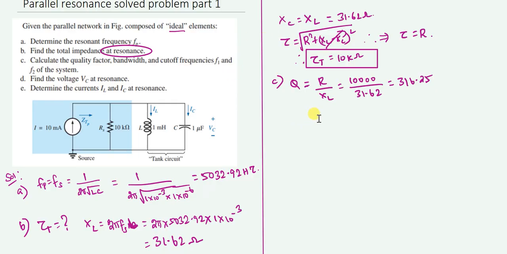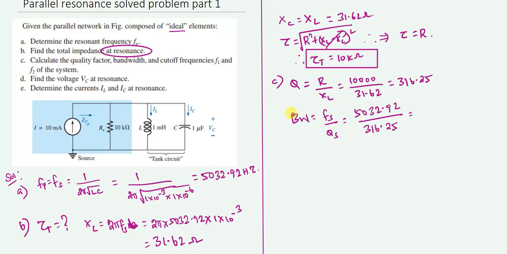So next I want to find out the value of bandwidth. So bandwidth, the formula for bandwidth is Fs divided by Qs, the quality factor. Here the resonance frequency which is equal to 5032.92 divided by 316.25.